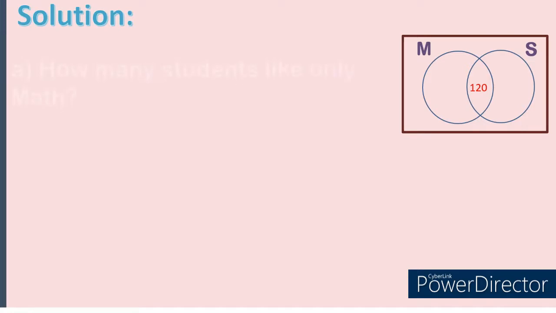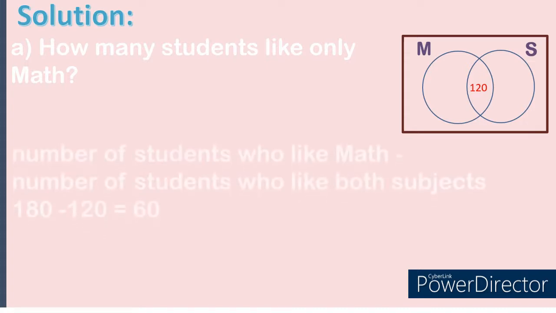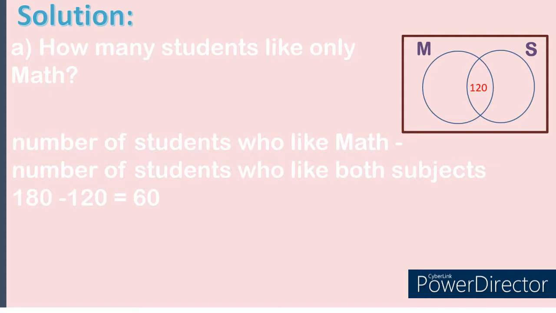Okay, so for number 1 question, how many students like only math? Okay, paano natin siya gagawin? Okay, the number of students who like math from the given minus the number of students who like both subject. So, kanina, the students who like math is 180.